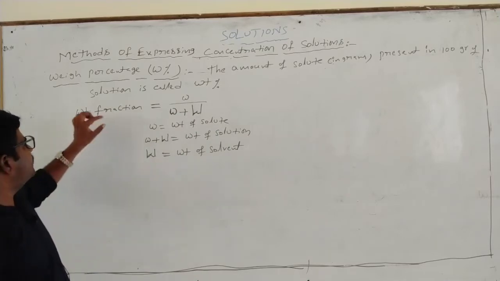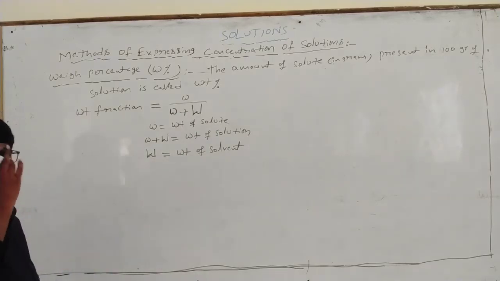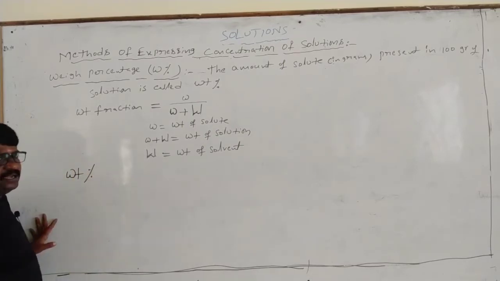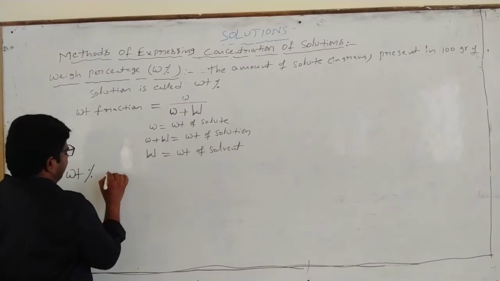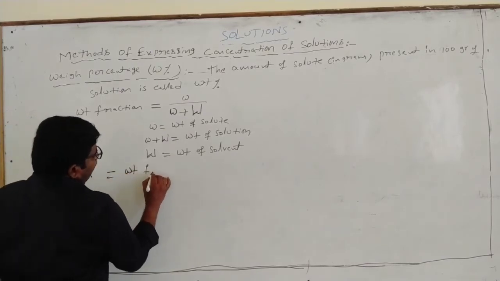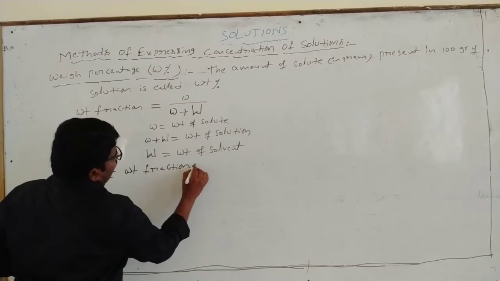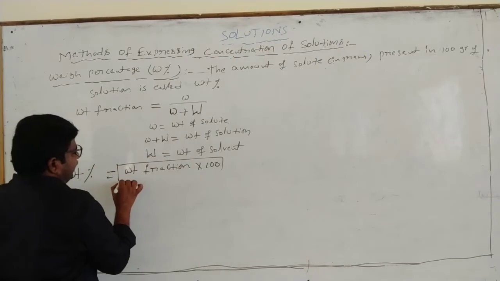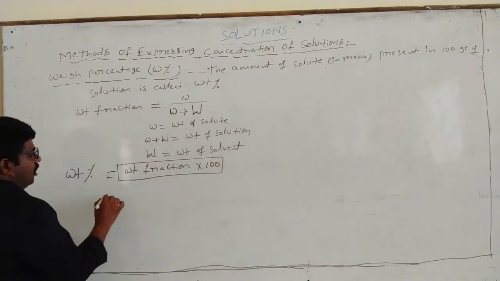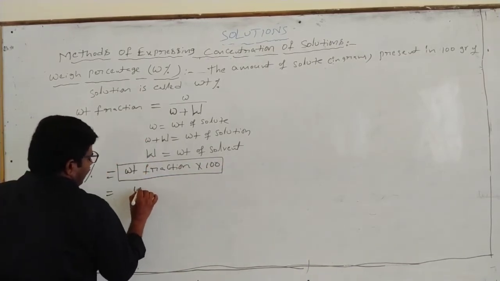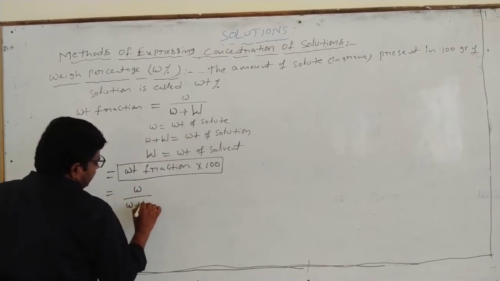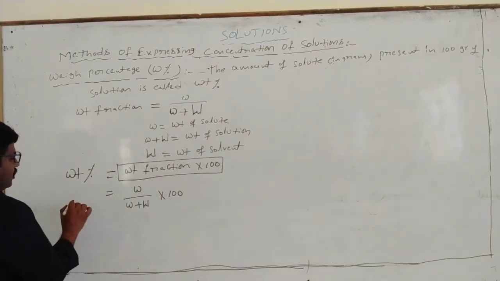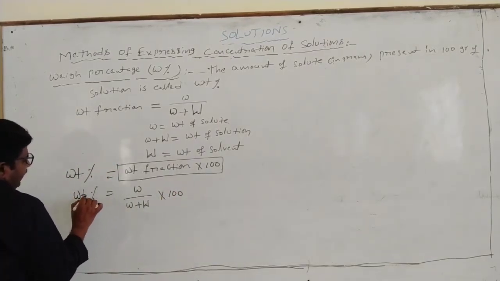Weight of the solute over weight of the solution is called weight fraction. Now what is weight percentage? Weight percentage is equal to weight fraction into 100. What is the weight fraction? Small w by small w plus capital W, into 100. This is called weight percentage.